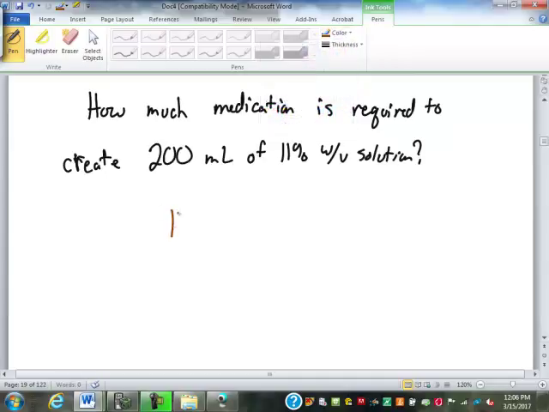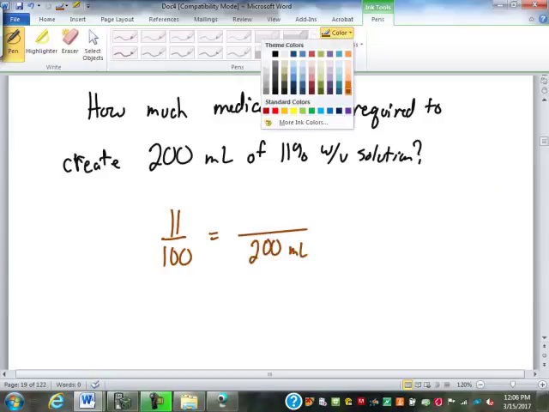So 11% is 11 out of 100. The 200 milliliters is the total solution that goes on bottom.